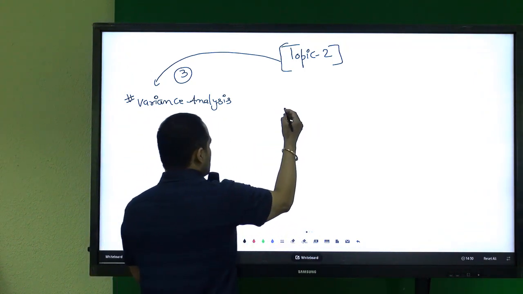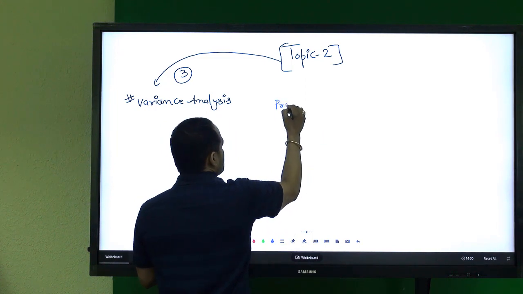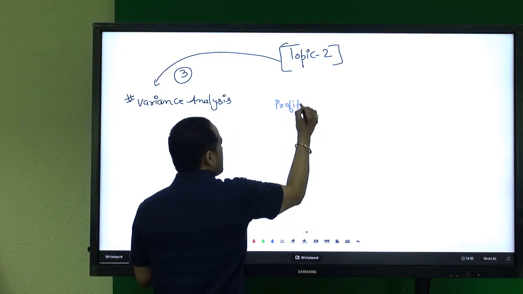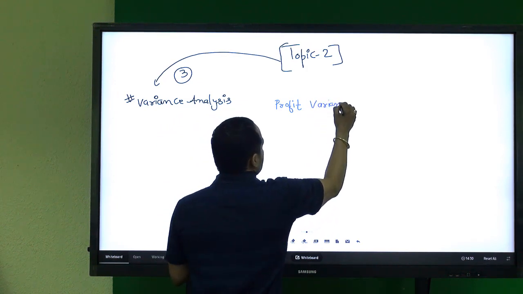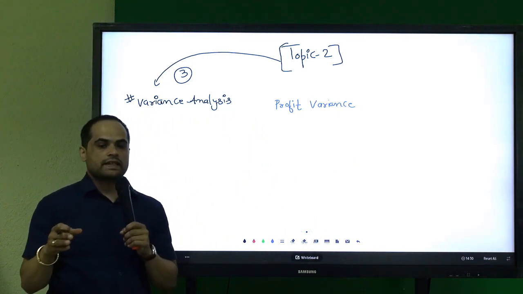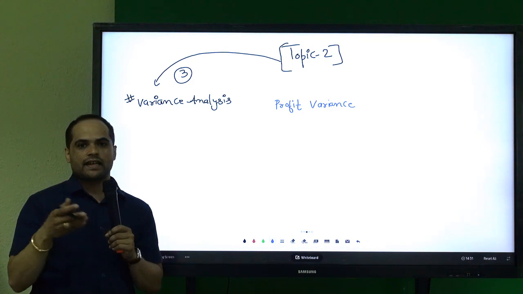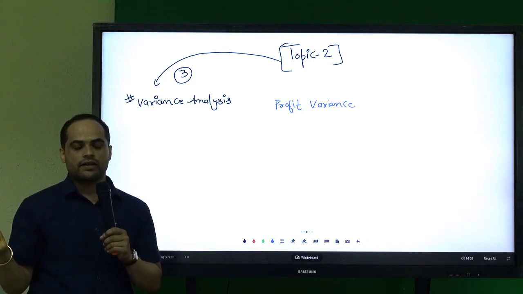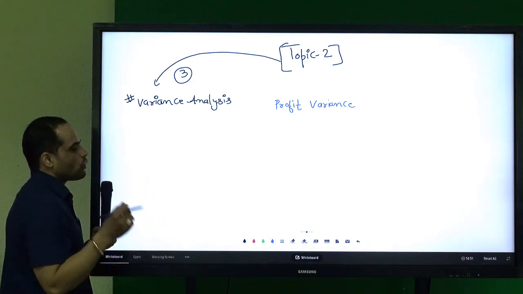So we start with the profit variance. Profit variance is the difference between the sales variance and the cost variance, because sales minus cost is the profit, all right?